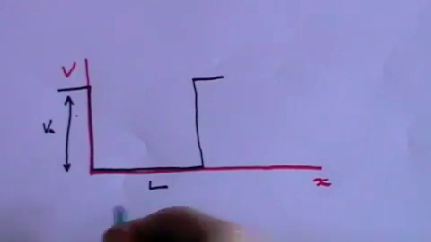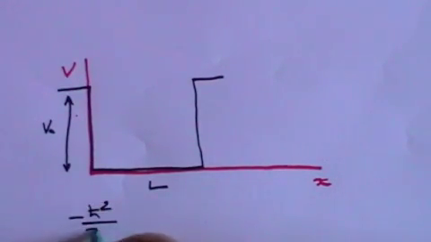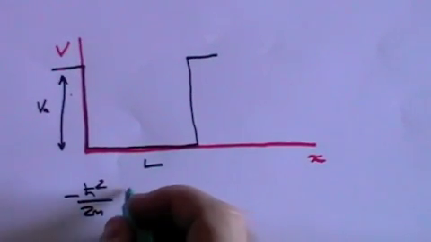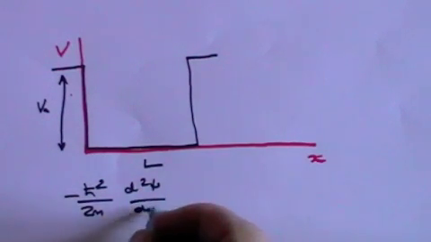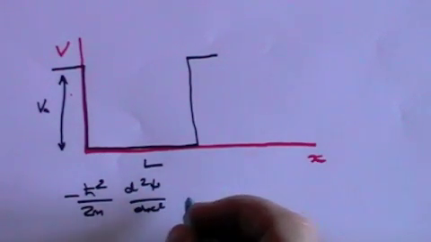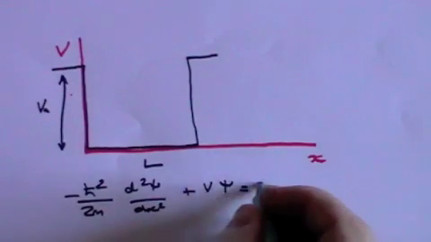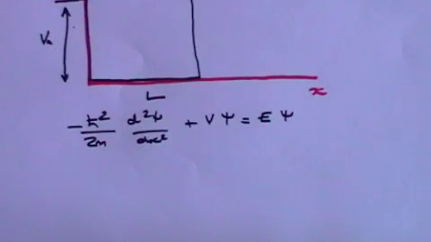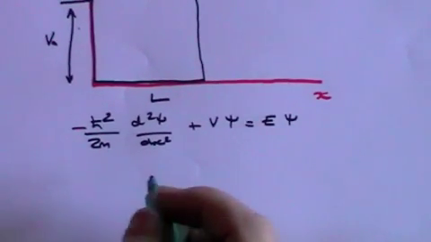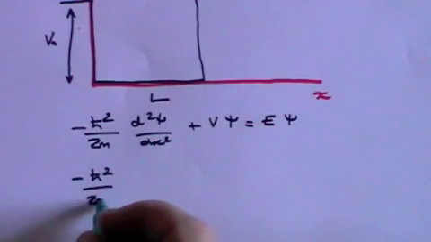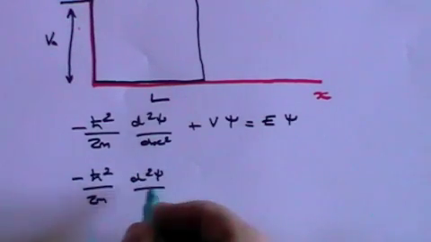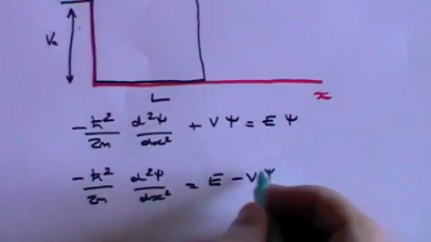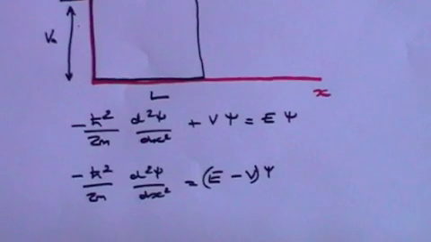The Schrodinger equation is minus h bar squared over 2m d2 psi by dx squared plus V psi equals E psi. And we can write that as minus h bar squared over 2m d2 psi dx squared equals (E minus V) times psi.